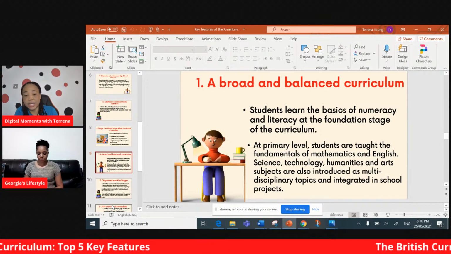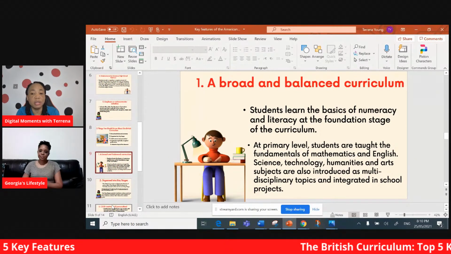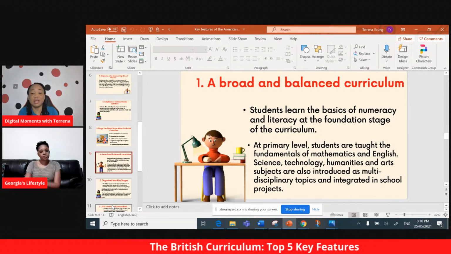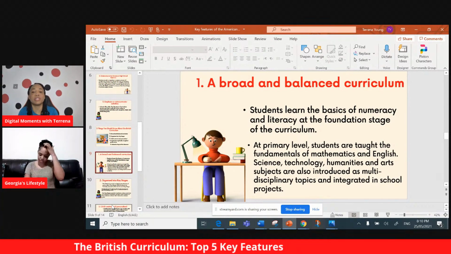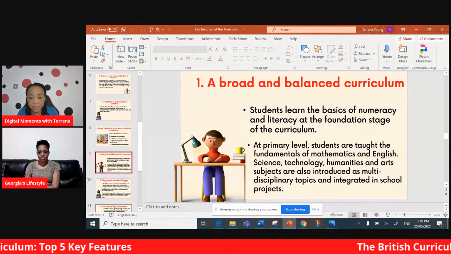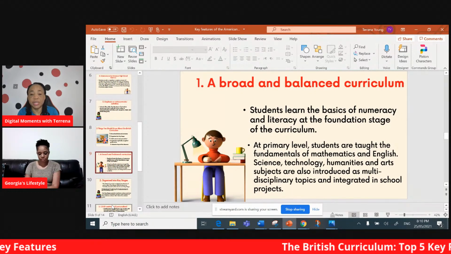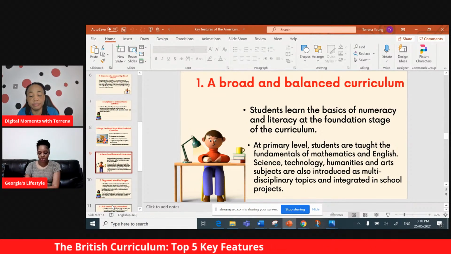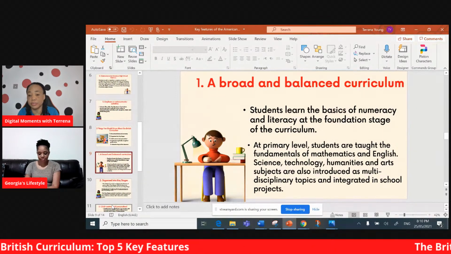And as we mentioned earlier, while the American curriculum uses the term kindergarten, the British curriculum starts at the foundation stage, FS. And based on what I'm reading here, Georgia, it is similar to the American curriculum. Oh yes, it's the same thing.